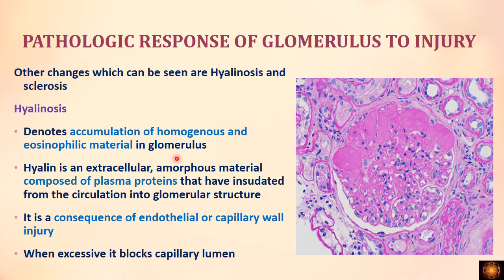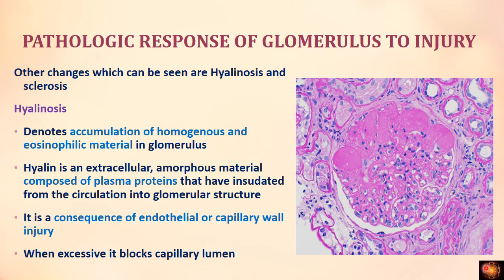This eosinophilic material is nothing but the plasma proteins which are filtered out or which have insudated from the circulation. As this protein accumulates, it will be compressing the capillaries. As the amount of protein increases, it will compress the capillary lumen. Slowly it will block the capillary lumen. So this we call hyalinosis.